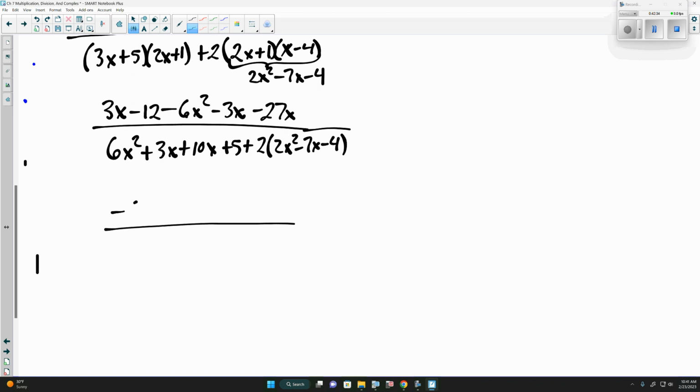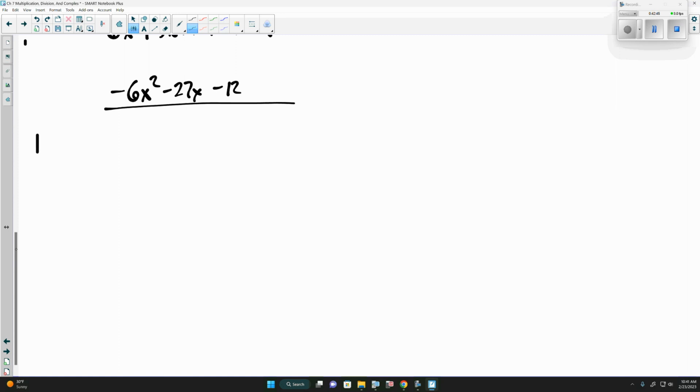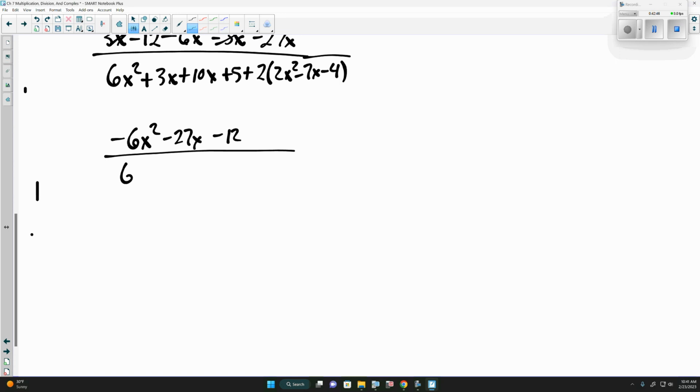In the numerator, combining like terms, we'd have negative 6x squared. 3x and 3x cancel, leaving us with negative 27x minus 12. The denominator will have 6x squared plus 13x plus 5, and we distribute the 2.